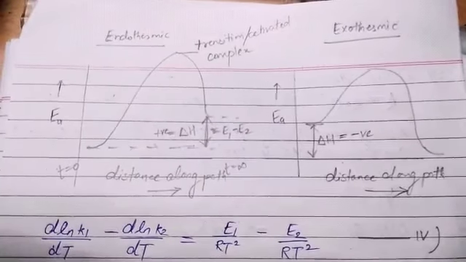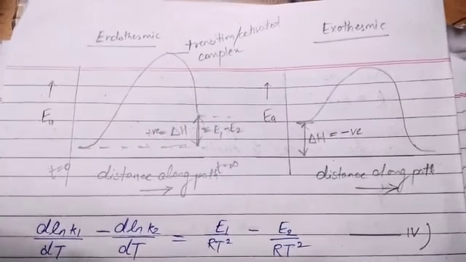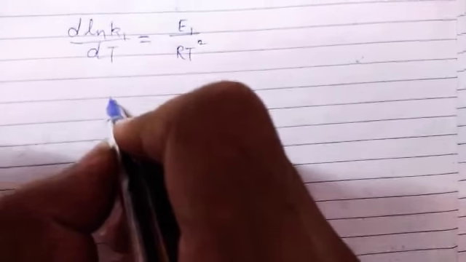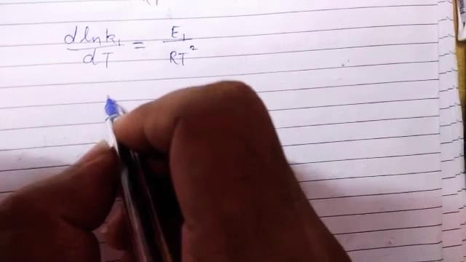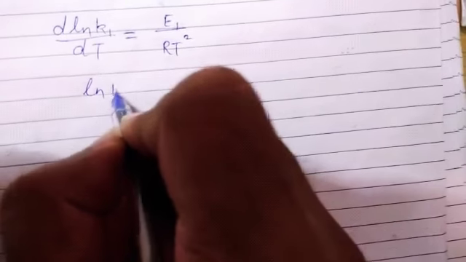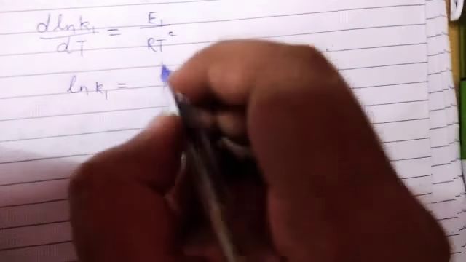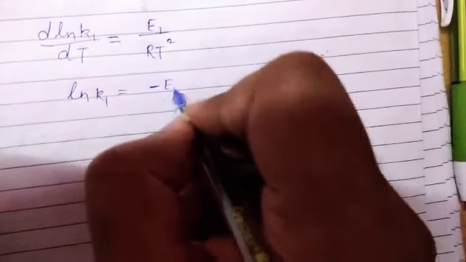Comparing the same subscript terms and writing the equations individually, we get d ln k1 upon dT is equal to E1 upon RT square, and from here on integrating we get ln k1 is equal to minus E1 by RT plus C.